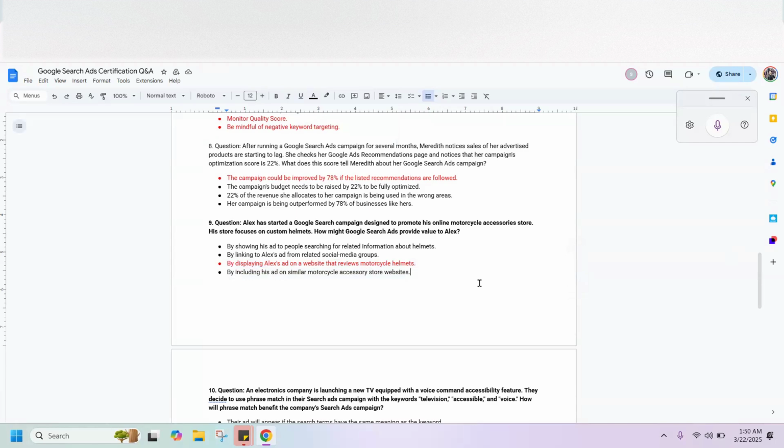When you see ads on a website, this is display, not search. When you see the ad in the Google search, this will be a search ad.